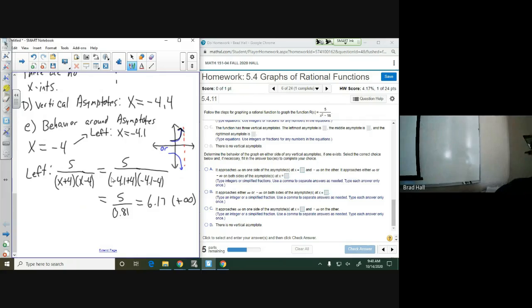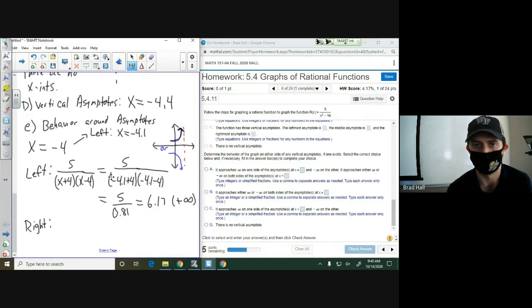Now on the right, we need to know the multiplicity of the asymptote. So asymptotes have multiplicity. And remember, multiplicity is a fancy word that means the exponent of the factor.